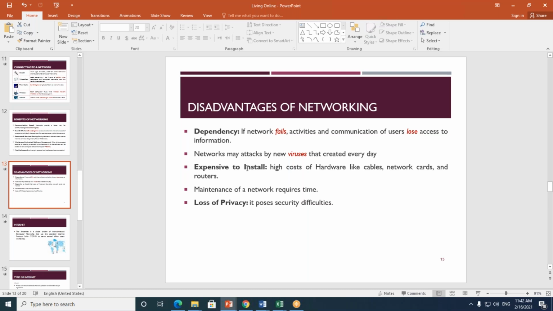Then maintenance of a network requires time, again the effort. Maintenance requires time.